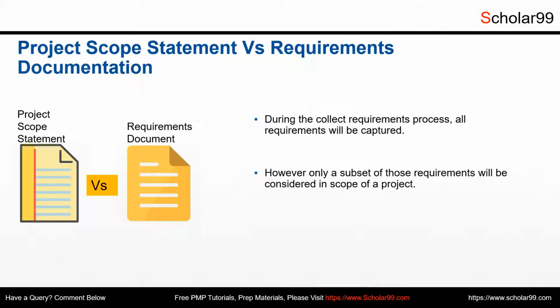Eventually, the project scope statement may contain a subset of requirements from the requirements documentation. Requirements documentation usually contains all the requirements identified during the collect requirements process. However, only a subset of those requirements will be categorized into the project scope. So the project scope statement and the requirements documentation are not one and the same.